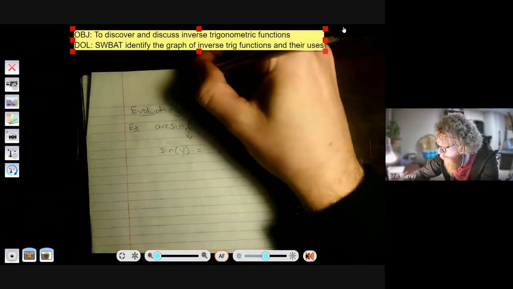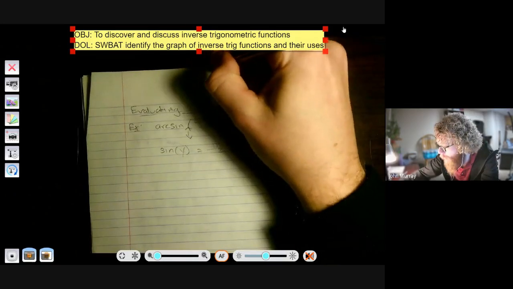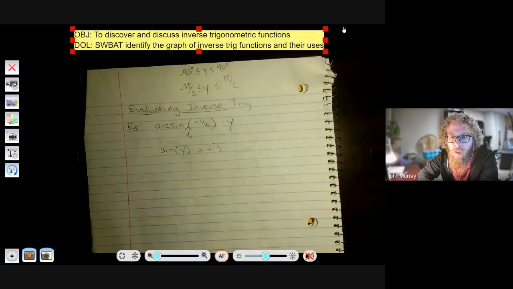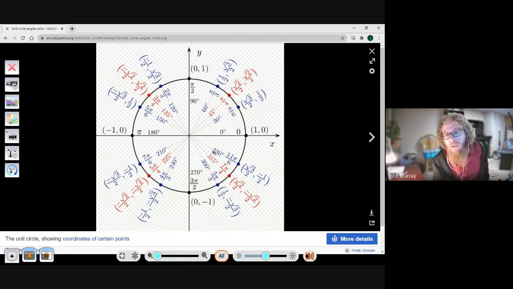Or negative 90 degrees and positive 90 degrees. So what we can do is I can pick this one here, 11 pi over 6, and I can go in the opposite direction, right? So I can find a coterminal angle.